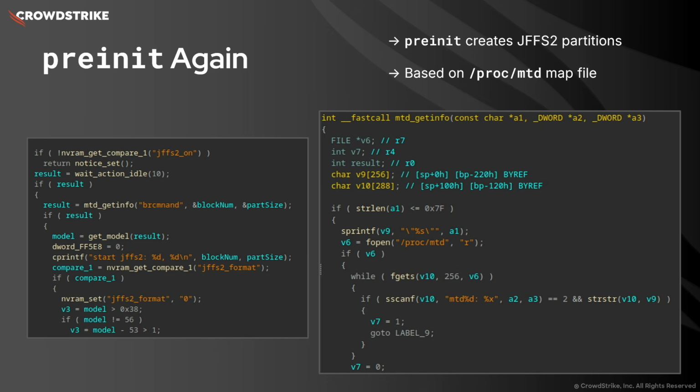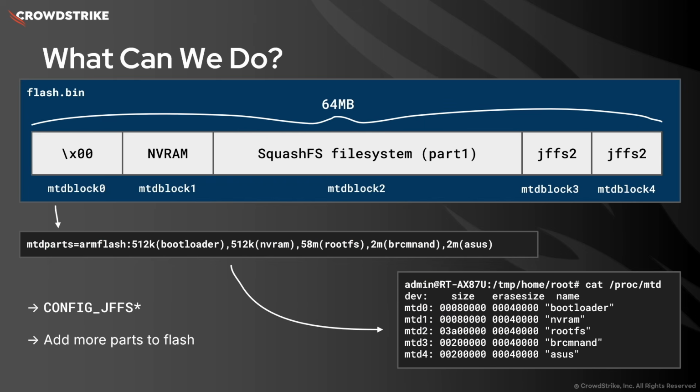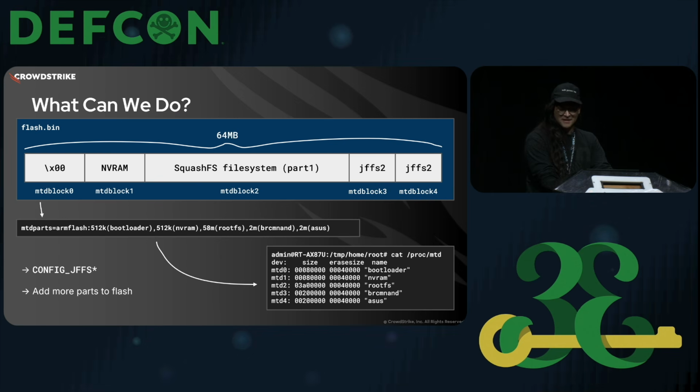Pre-init tries to mount certain partitions from the flash to the JFFS and Asus JFFS directories. It checks the procmtd file to find partitions with names BRCM, NAND, and Asus, and then it just mounts those partitions as JFFS to those particular directories mentioned earlier. We can fix this just by modifying our flash layout and changing the boot args again.